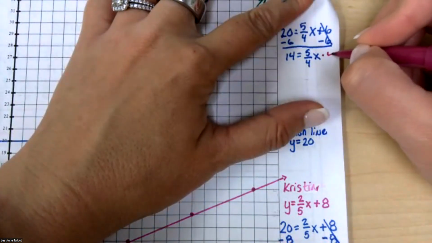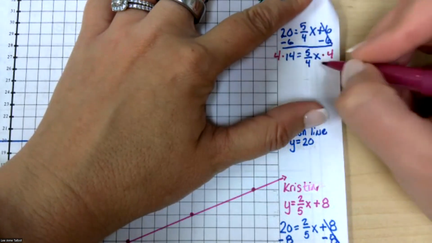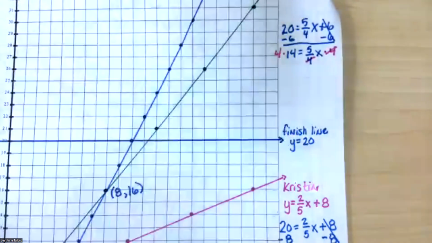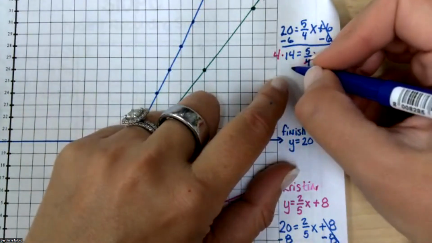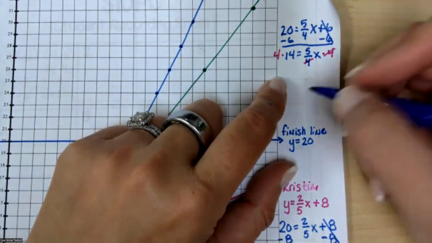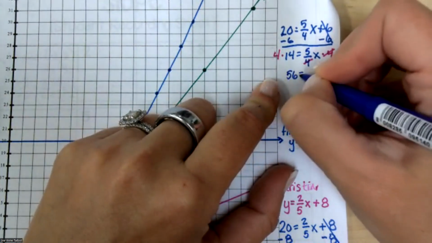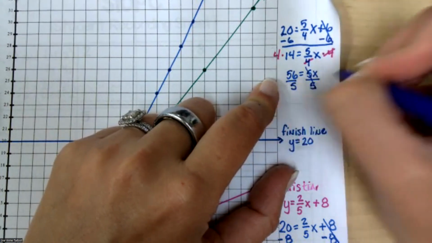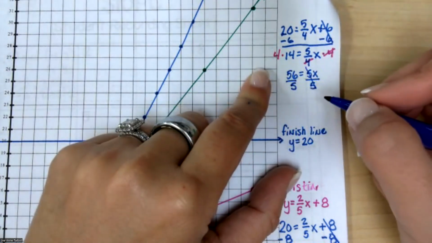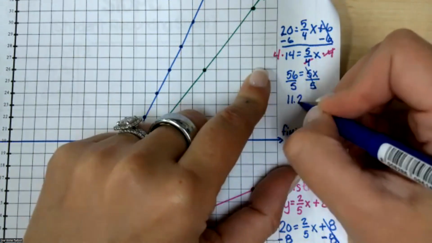Times 4. How do you feel about that way? Is it okay? 14 times 4 is 56. You're the best.